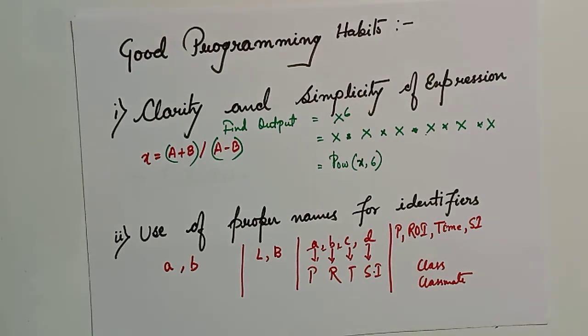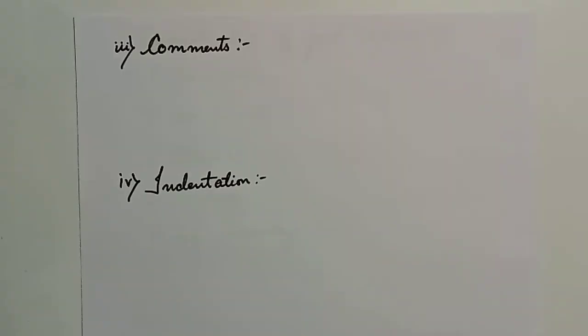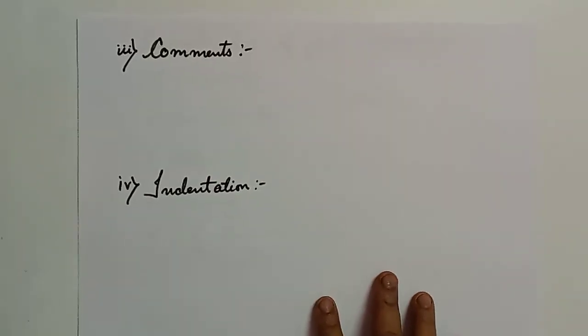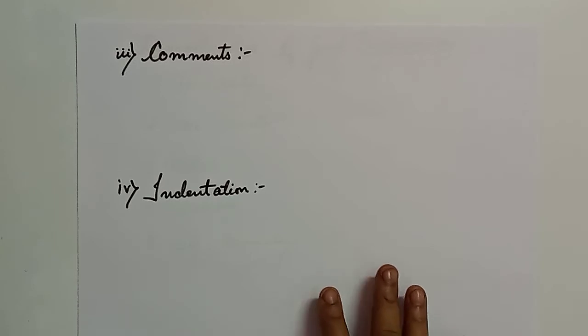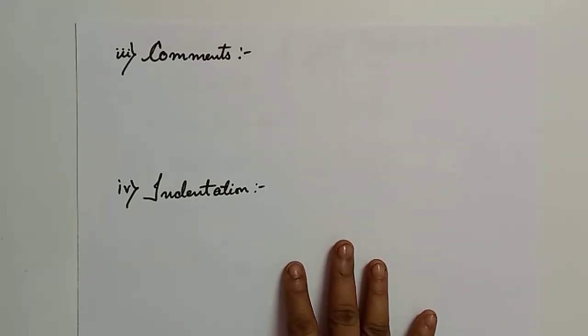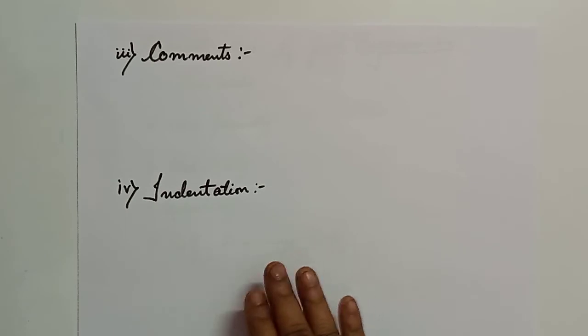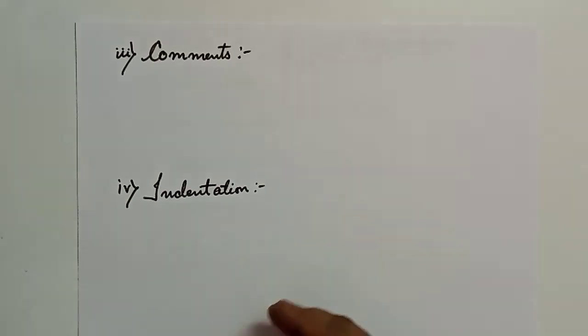Okay, next let's see comments. What is a comment? While we are writing a program, if you write comments within it, the compiler has to do nothing with them. While the compiler is compiling, it will skip those comments.